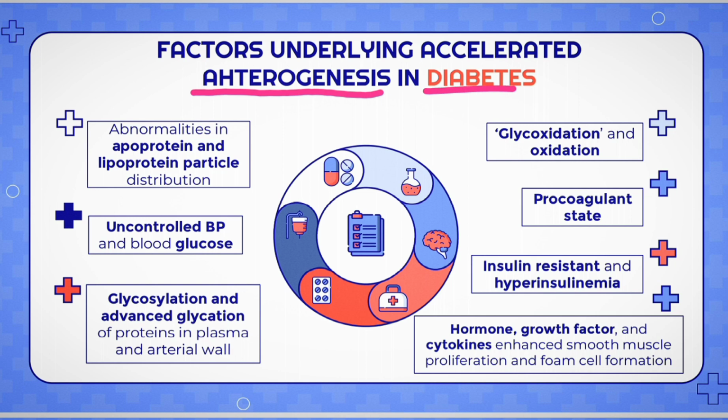This includes abnormalities in apoprotein and lipoprotein particles, the development of uncontrolled BP or hypertension and abnormality in the blood glucose level, the glycosylation and advanced glycation of proteins in plasma and arterial wall, the glycooxidation and oxidation process, the procoagulant state which develops in any patient with diabetes, the development of insulin resistance and hyperinsulinemia in any patient with diabetes.